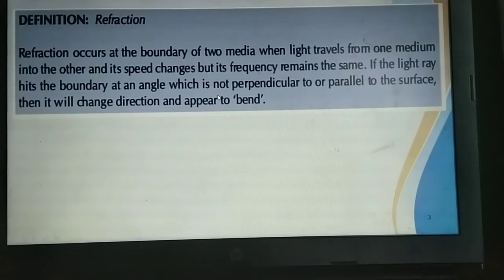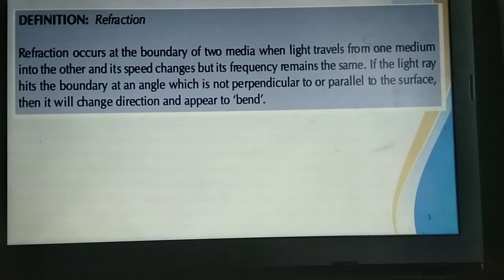So all which we've been talking about is based on the light, telling us how the light bends. So if the light ray hits a boundary at an angle which is not perpendicular, perpendicular means 90 degrees. Parallel, you know what it is by now.